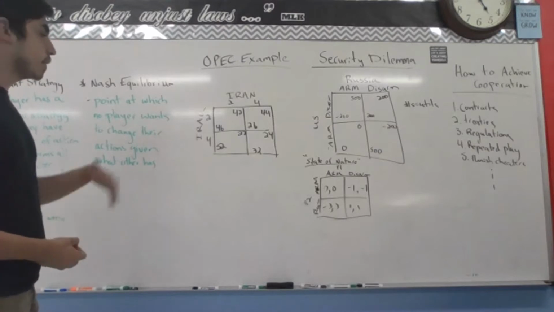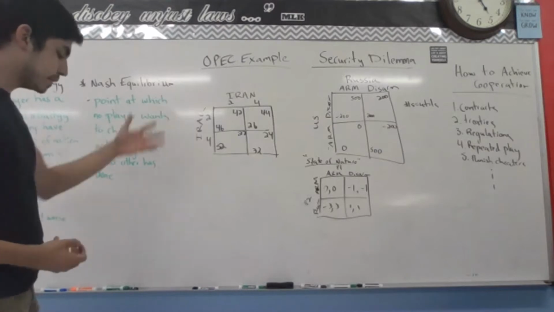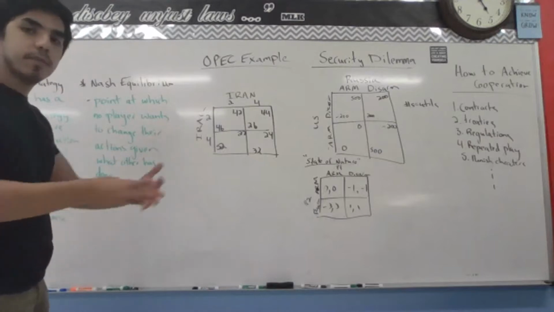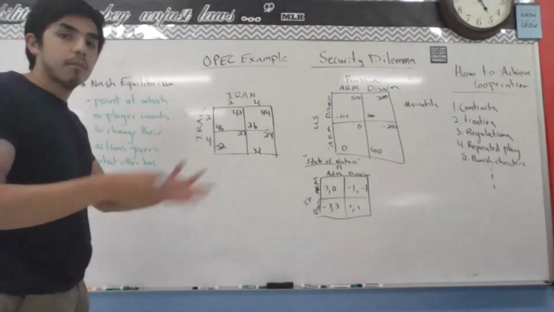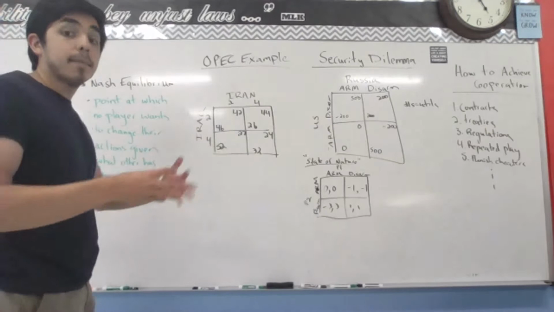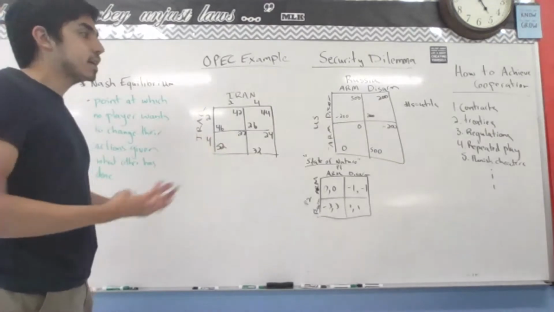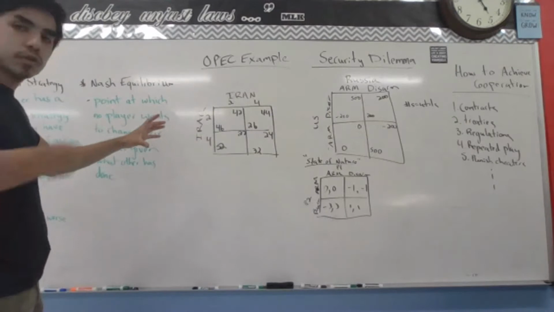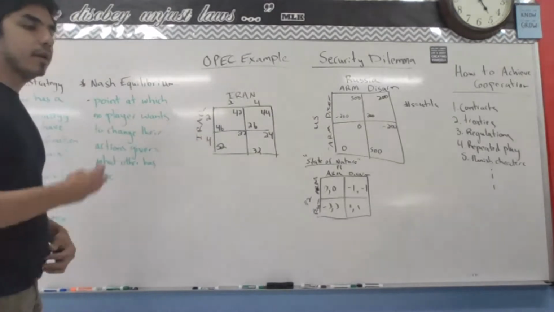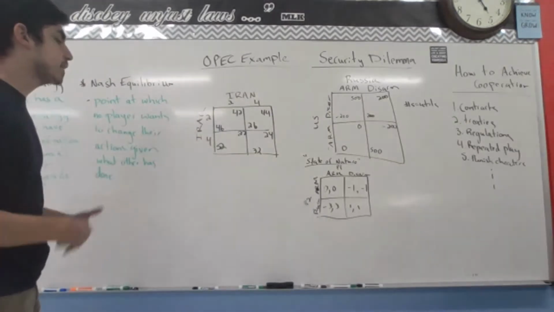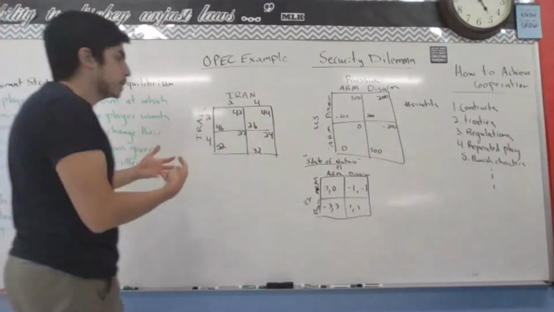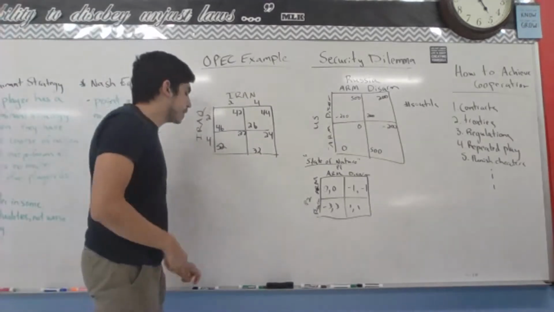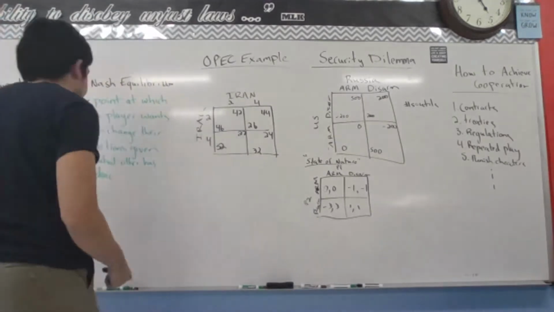So oligopolistic firms have an opportunity to get the markup of a monopoly, or move towards that, if they cooperate with one another. But of course, cooperation can break down because there's going to be an incentive to defect. And we can use this prisoner's dilemma to help us think about that incentive to defect.